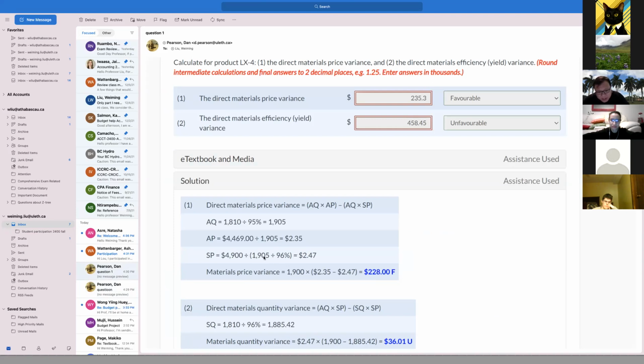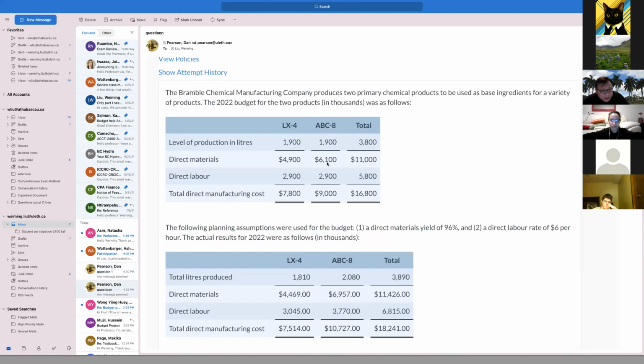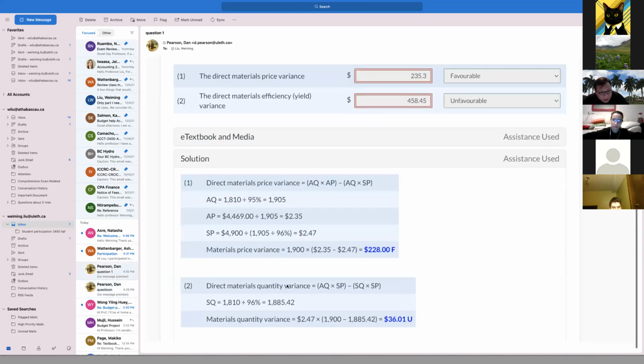This one should be 1900 instead of 1905. Because what happened here is, you see, this 4900 and the 1900, this is from the projection, right? When you calculate the standard cost, these are the numbers you are using. So I think this one got screwed up. Maybe the people who prepared the answer didn't know. Here, they should use 1900.